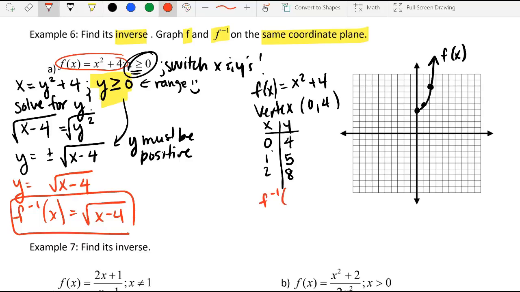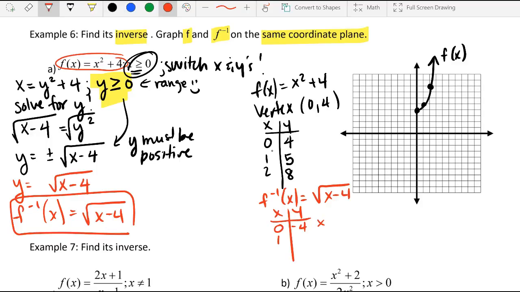Your f inverse is the square root of x minus 4. Again, I'm just going to make a table. If you are not comfortable graphing that, you should be very comfortable with graphing that. Make sure you know how to do it by transformation. This is just pretty much the square root curve shifted to the right by 4. I can't pick 0, because that's going to give you a negative 4, and we can't use that.